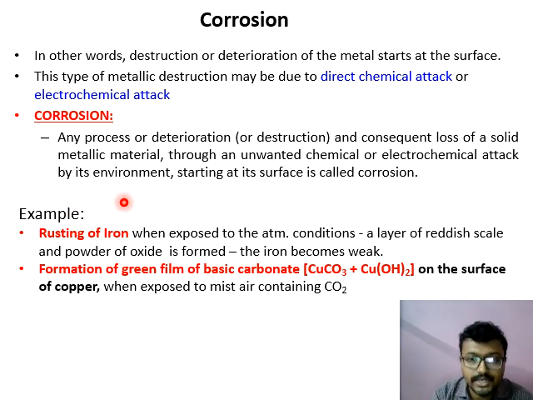All the metals we are using, like iron, copper, silver, gold, are not present in our earth as a pure metal. They are present in the form of some oxide, sulfide or carbonate, and we convert them to metal by reduction. For example, iron is not present as Fe in nature.